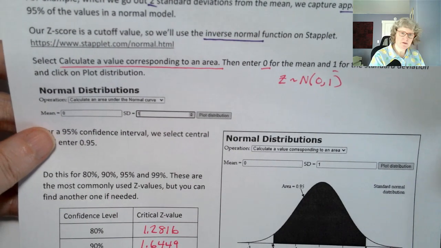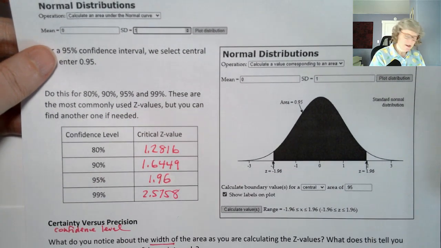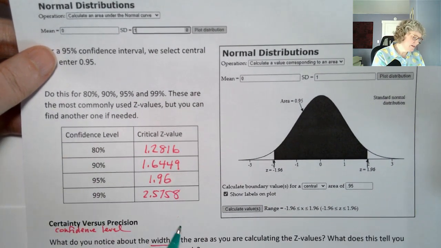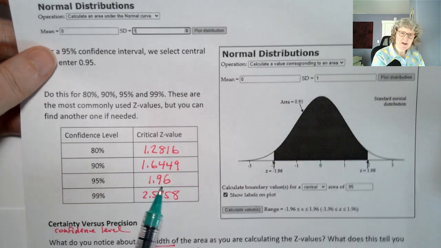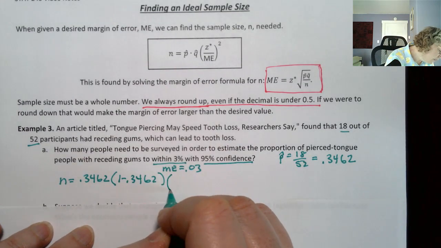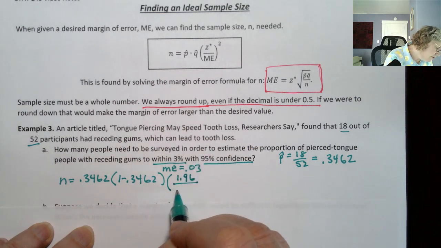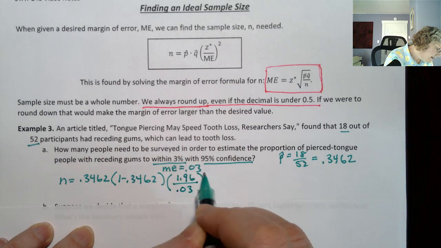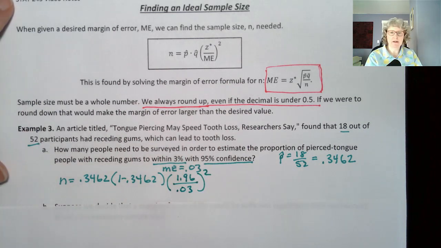The other ones I have to look up, but I recognize them when I see them because we use them so much. For 95%, I know it's 1.96. So 1.96 over the margin of error, 0.03, and then remember to square that fraction in the parentheses.